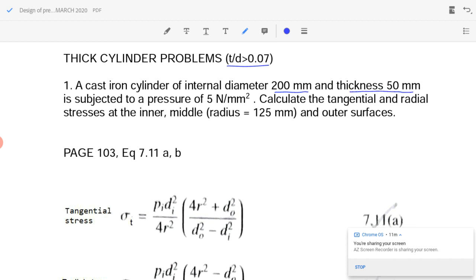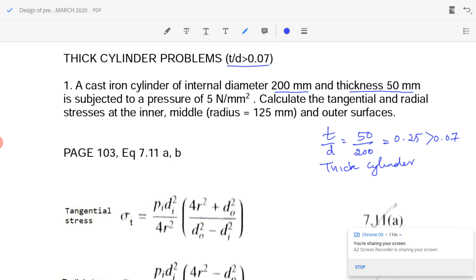So my T by D equals 50 by 200 equal to 0.25, which is greater than 0.07. In such a case, I have to use the equation for thick cylinder. Thick cylinder equations are normally done by Lame's equation, and we have other equations, Clavarino's equation and Bernoulli's equation.